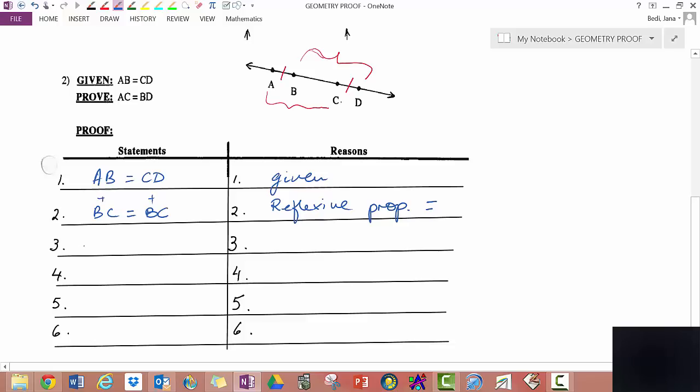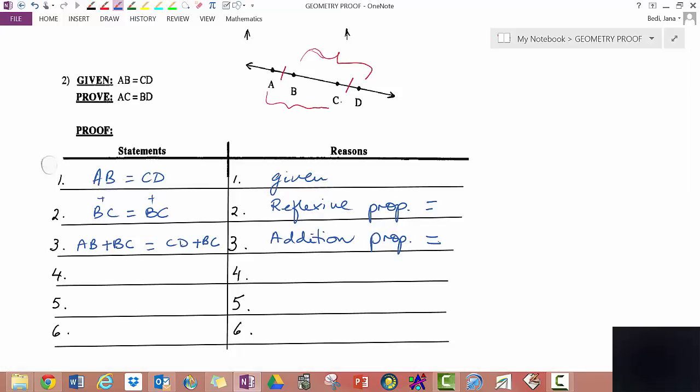So what I would do is I say AB plus BC equals CD plus BC. Remember, in an equation you can add the same thing to both sides of the equality. So this is addition property of equality. I just added BC to AB and CD.